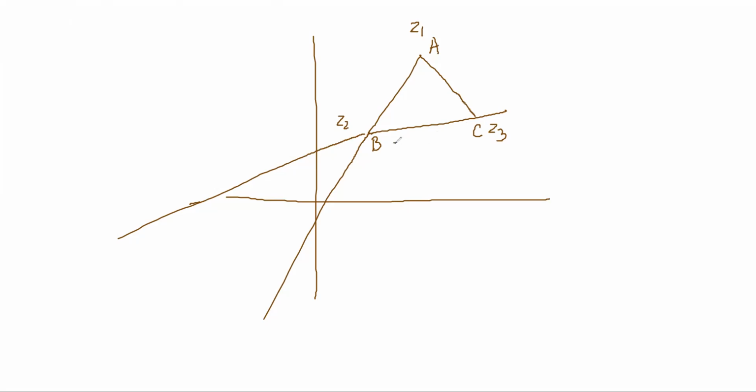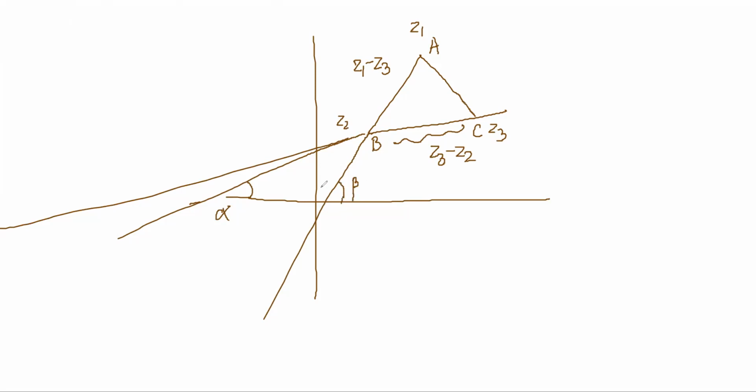So this line segment is Z3 minus Z2, and this line segment is Z1 minus Z3, right? Let's say Z3 minus Z2 makes some angle alpha here, right? It's the same straight line. So my figure is wrong, but it's the same straight line. It will be somewhere like this, and this one is like this, and this makes angle beta, right?